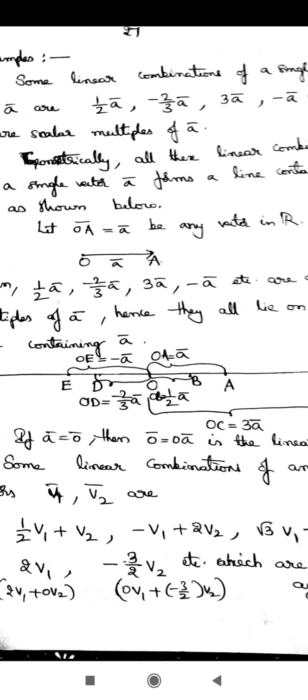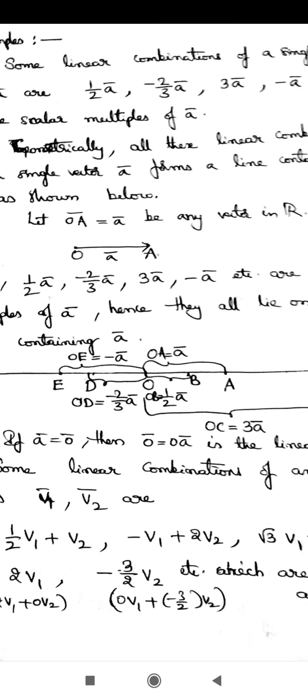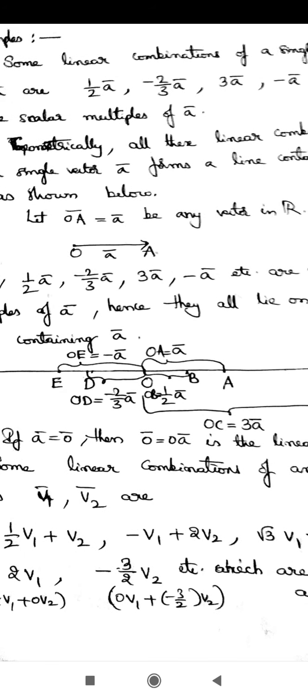That is how 2v1 itself can be treated as a linear combination of v1 and v2. v2 is hiding there, it can't be seen. We have to think that v2 has the scalar multiple 0.